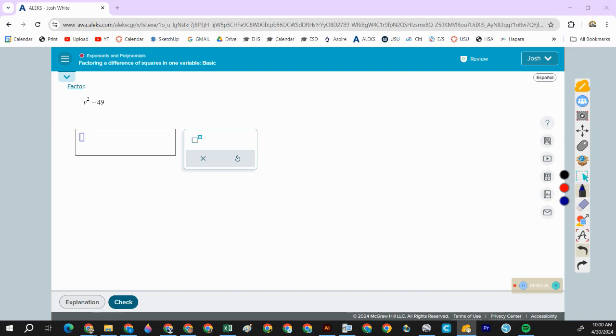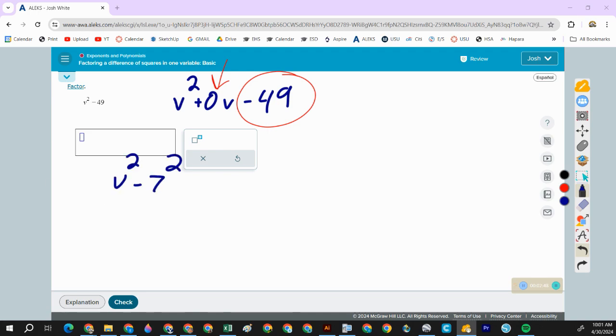I'm going to rewrite this as v squared plus 0v minus 49. Are there factors of negative 49 that add to be 0? 7 and negative 7. So this is one of those special cases we call a difference of perfect squares. And that will factor into v minus 7 and v plus 7.